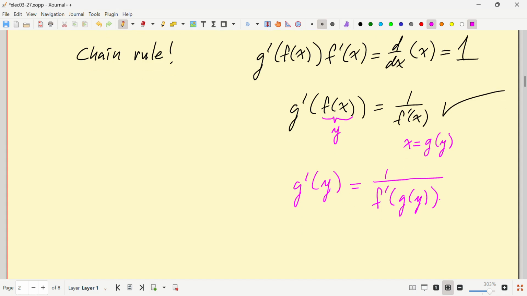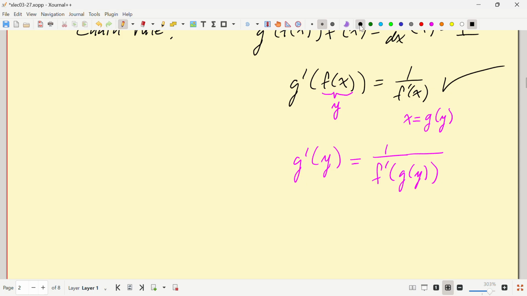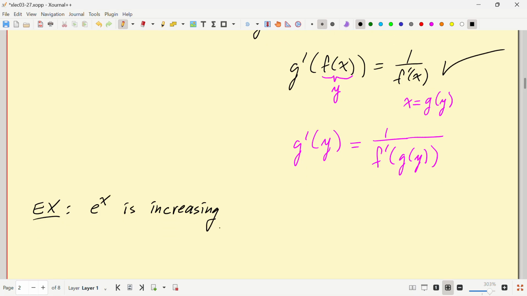And so an example of where you would use such a thing, e to the x is an increasing function. Strictly increasing.